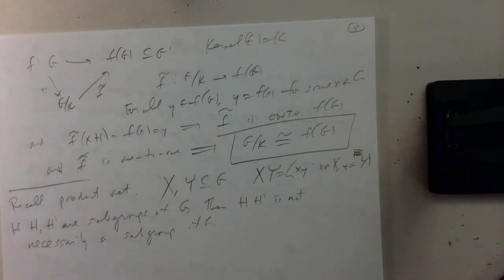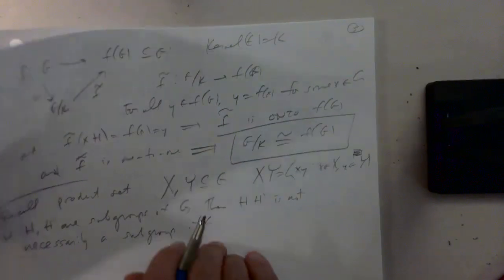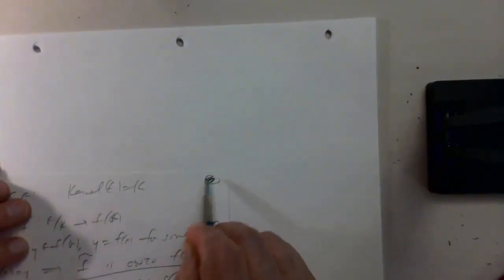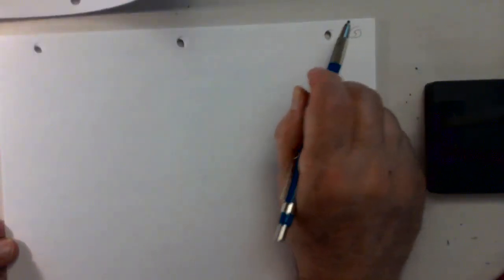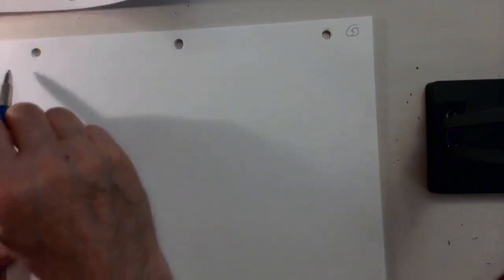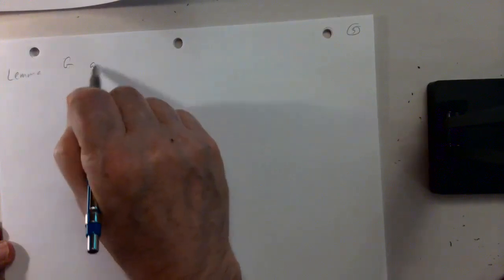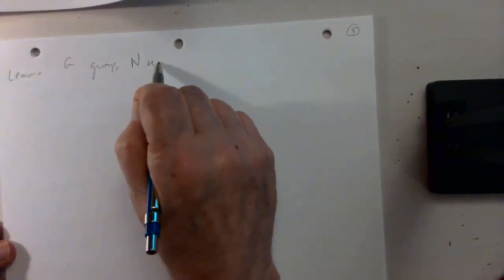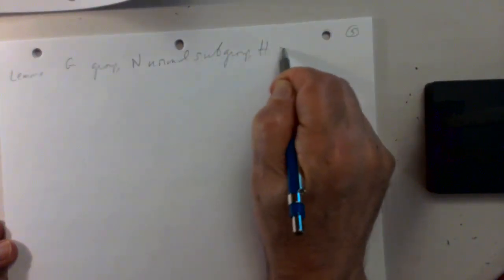But there's one important special case when it is, and that is the following. So this is a lemma in the notes. So we have G a group, N a normal subgroup of G, and H any subgroup.